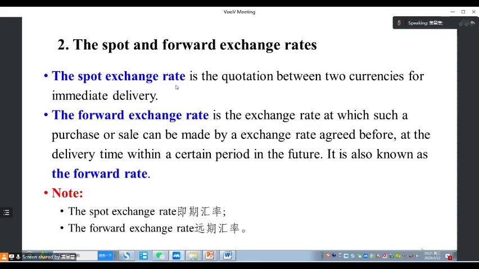In another word, we can say spot exchange rate means the exchange rate between two currencies today. The exchange rate today means the spot exchange rate.